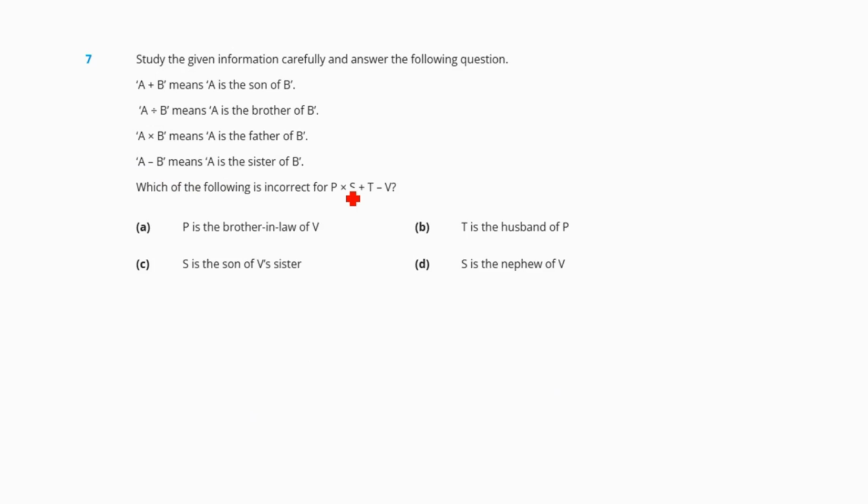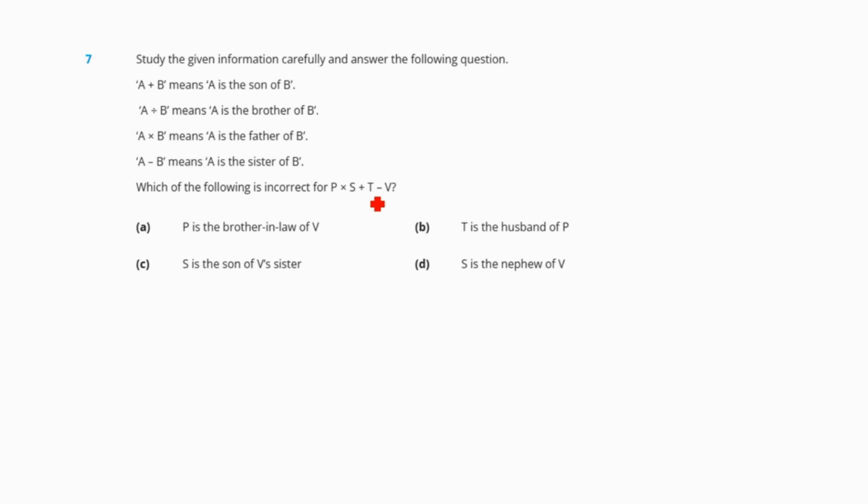Question number 7. Study the given information carefully and answer the following questions. A plus B means A is the son of B. A divided by B means A is the brother of B. A into B means A is the father of B. A minus B means A is the sister of B. So P into S, that means P is the father of S. Then S plus T, so P is the father of S and S is the son of T, right?